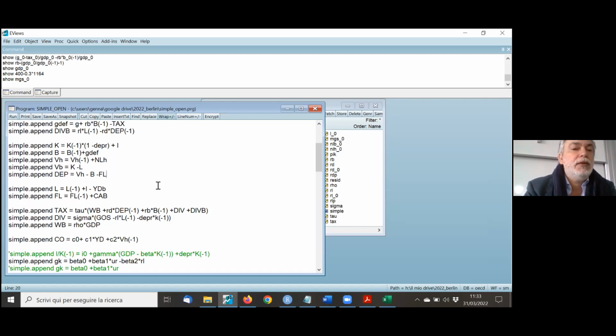And at present, households are buying all the bonds, but now I don't know whether it's sufficient to have only one foreign asset.